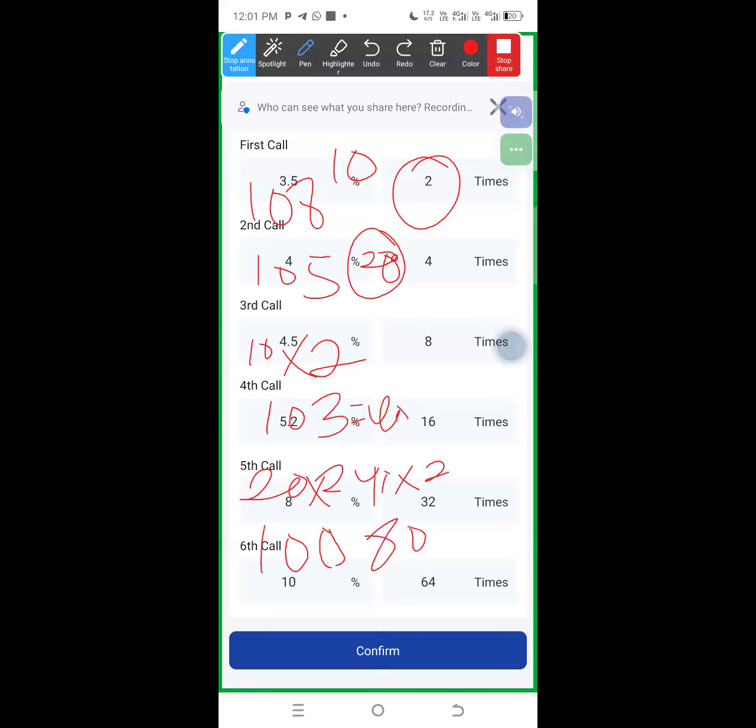So the more it goes down, the more you double the value of buying. From the first onset you bought $10, but the last one you bought $80.